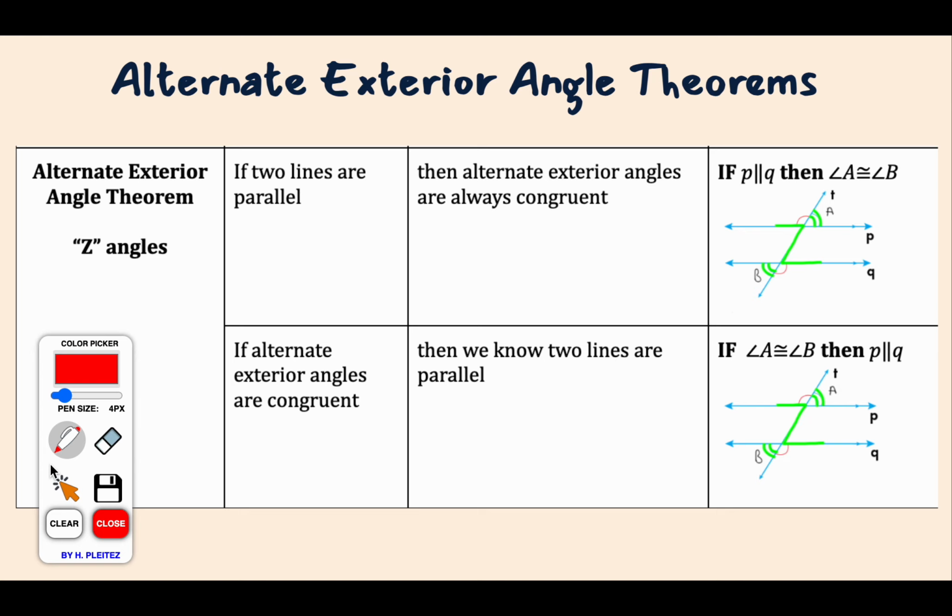So if we are given that P is parallel to Q, then we automatically know that angle A is congruent to angle B. Now, this theorem also goes the other way. If we're given that the alternate exterior angles are congruent, then we can assume that the two lines are parallel. So in this case, if we started with the fact that A was congruent to B, then we can make that conclusion that P is parallel to Q.